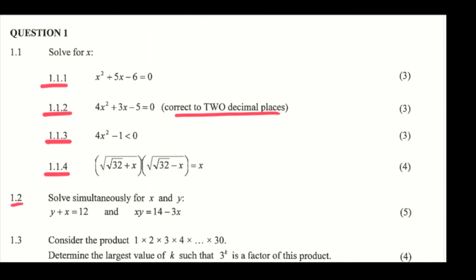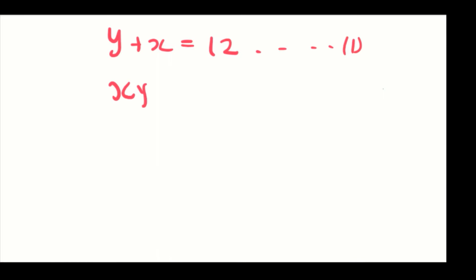Now we're going to do 1.2, where we are asked to solve for x and y for these two equations here. So we're having y plus x being equals to 12, and we can say this is our equation 1, and xy is equals to 14 minus 3x being equation 2, right?